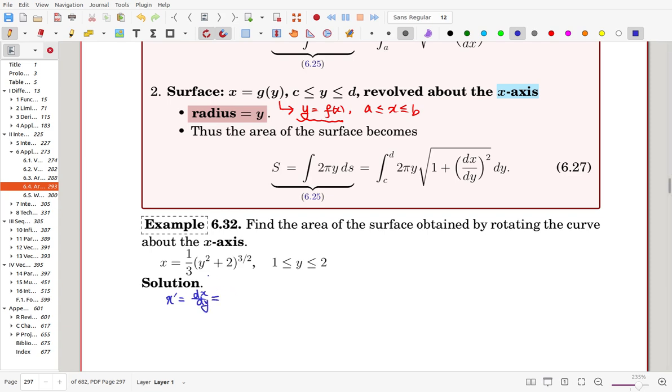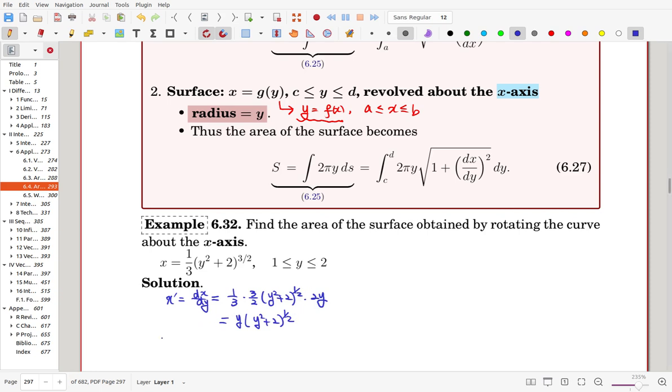Okay. That is the same as 1/3 is there, and 3 over 2 will come out, and here y squared plus 2 to the 1/2 power by using the chain rule. And now y squared plus 2 must be differentiated, then that is 2y. Okay, here 2 and 2 cancel out, and the 3 and 3 cancel out, so that is the same as y times y squared plus 2 to the 1/2 power.